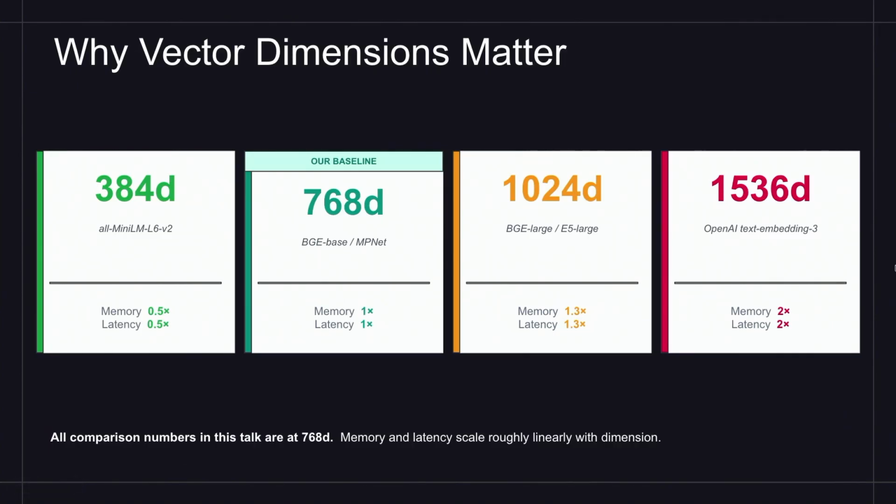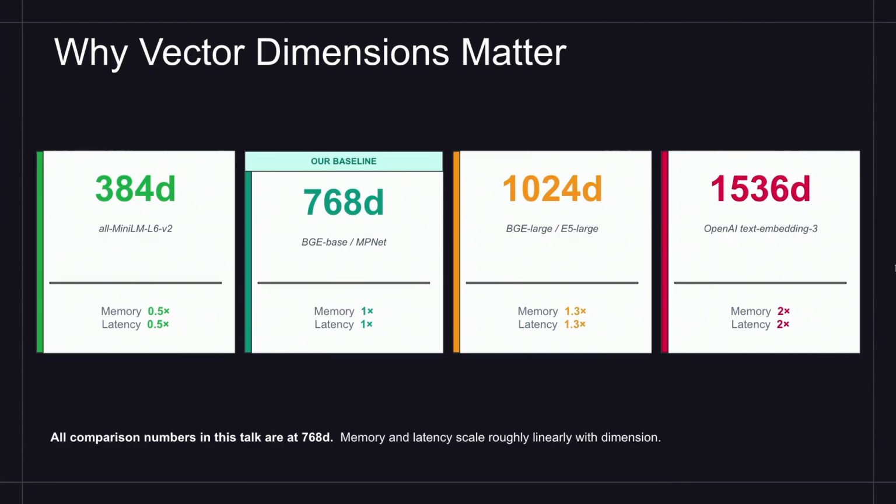Before I go deep into the next section, why do vector dimensions matter? Like I said, I'm using a 768 dimension space here. If you use different models, you get different vector dimensions. If I use 768 dimensions as a baseline and you downgrade to a 384 dimension space, then the memory and latencies are going to be halved.